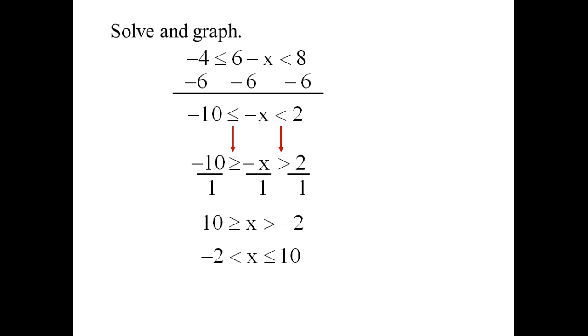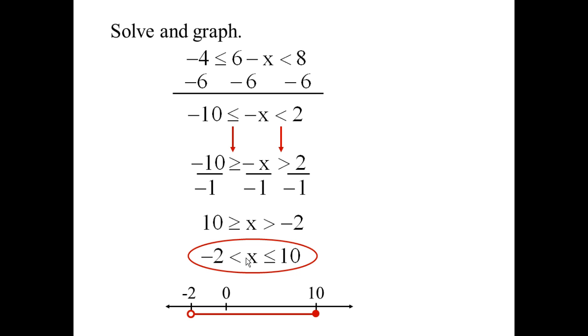So that's all the numbers between negative 2 and 10. So small number, no matter what, always on the left. Bigger number, always on the right. All the numbers between. And that can be graphed. One open, one closed, and everything in between. Not too bad, right?